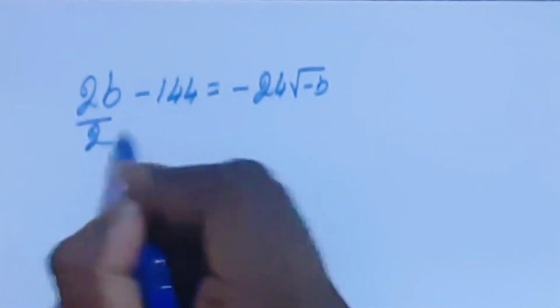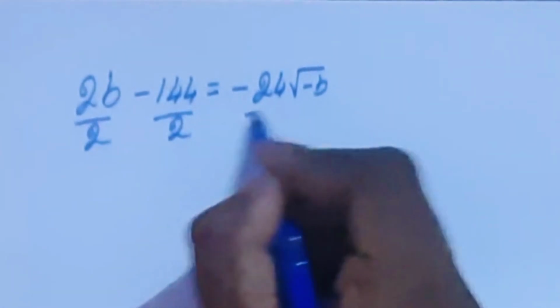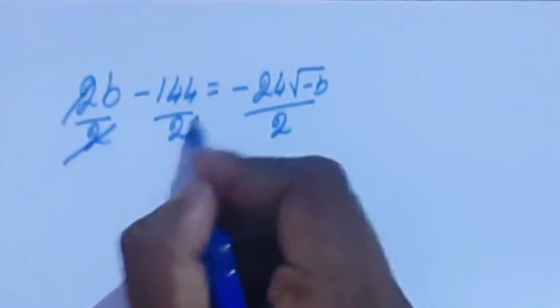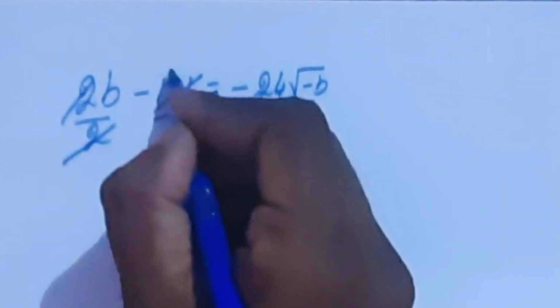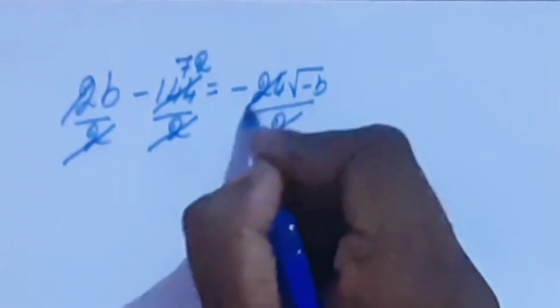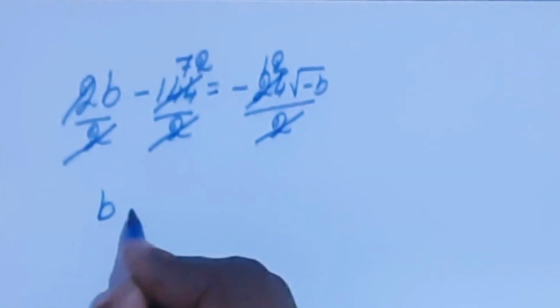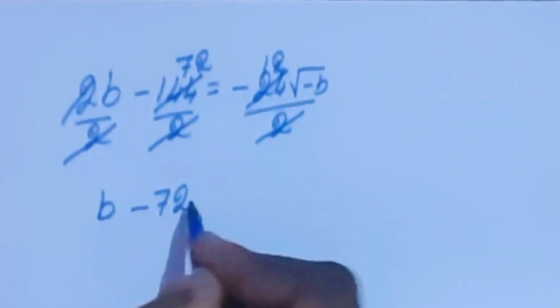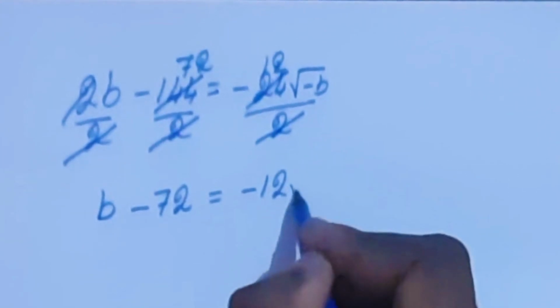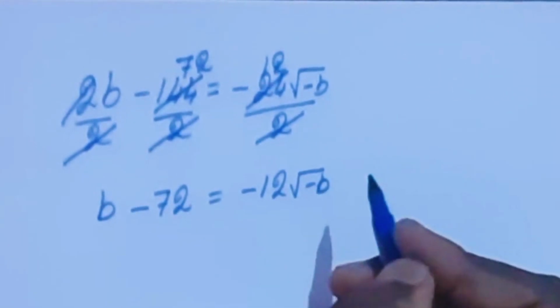Now this 2 cancels. Here we have simplification. We'll get 72, and simplified here 12. So we'll get b minus 72 equals minus 12 square root of minus b.